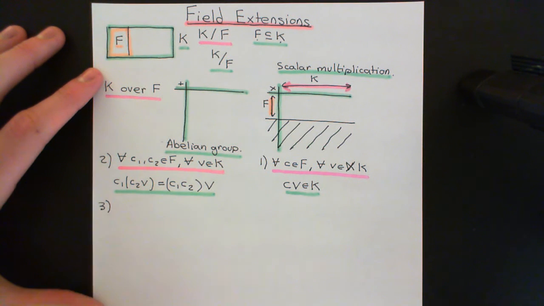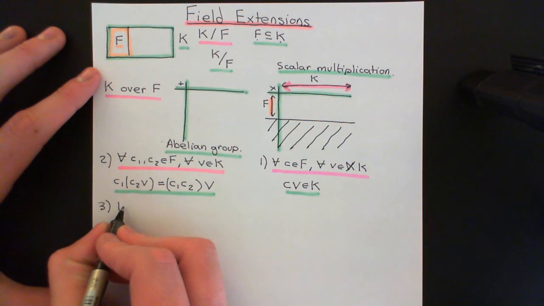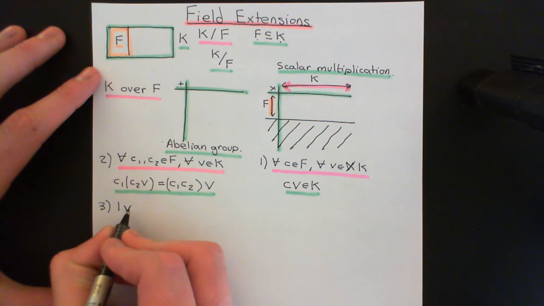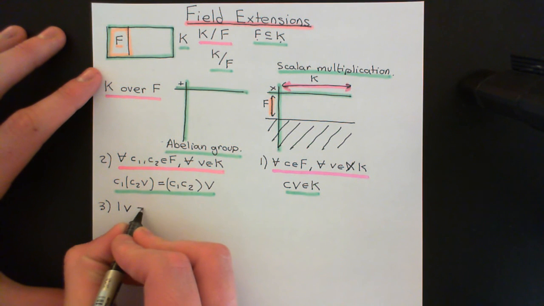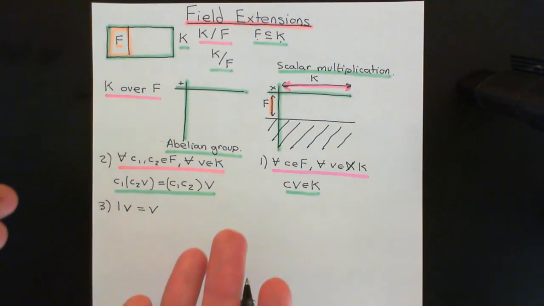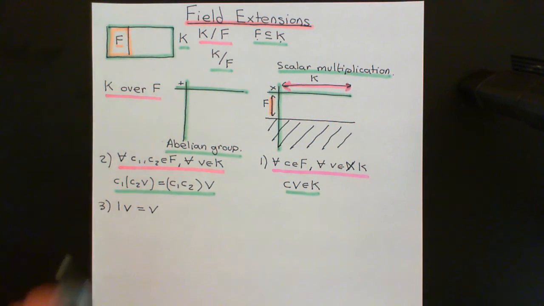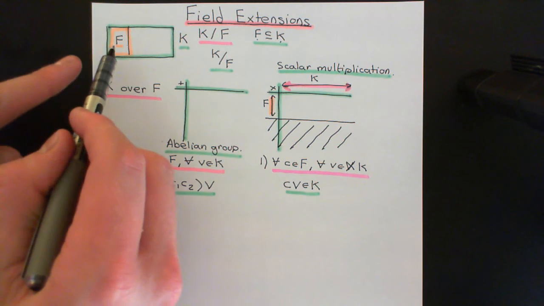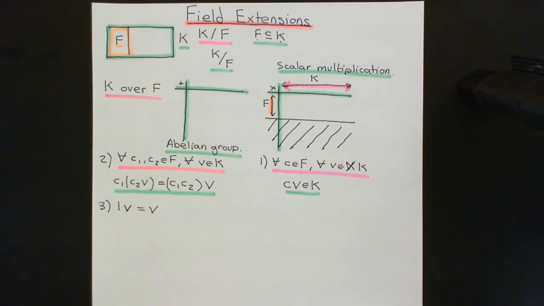Axiom number 3 is that if you take the multiplicative identity of your field, so 1 in the field, and you scalar multiply that with any vector in the vector space, it must just give you the vector back again. Again, this looks incredibly trivial because of how related the field is to the vector space in this case.